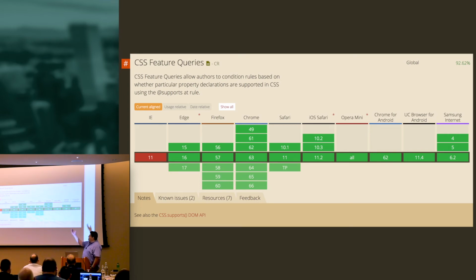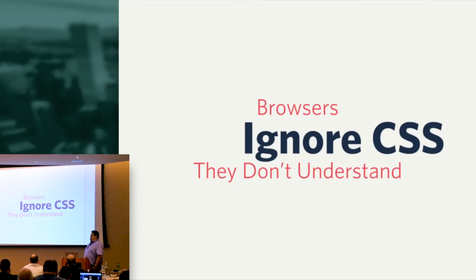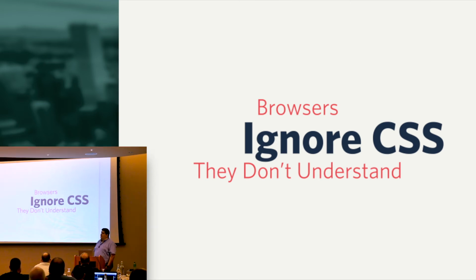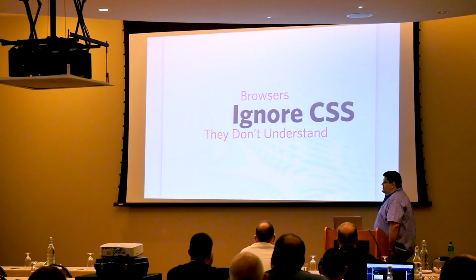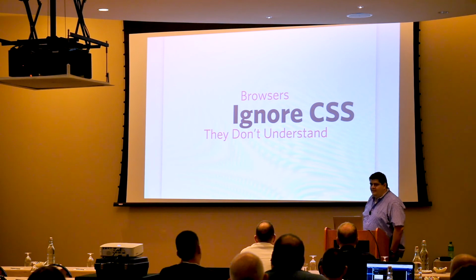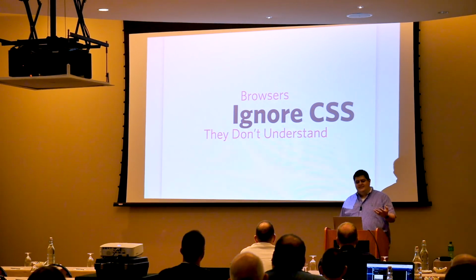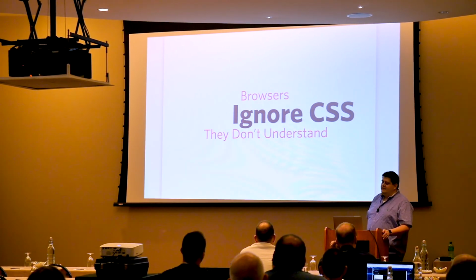What do we do about IE11? Well, we can remember a little bit of how CSS works. Remember that browsers just ignore CSS that they don't understand. CSS that the browser does not support doesn't break anything else that's going on. Remember to use the cascade to your advantage.